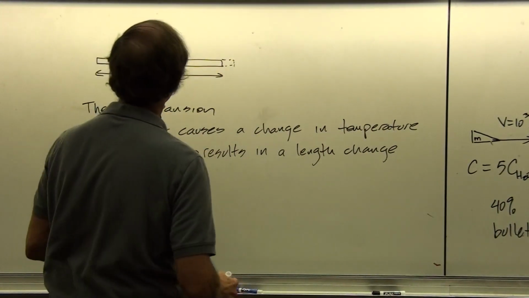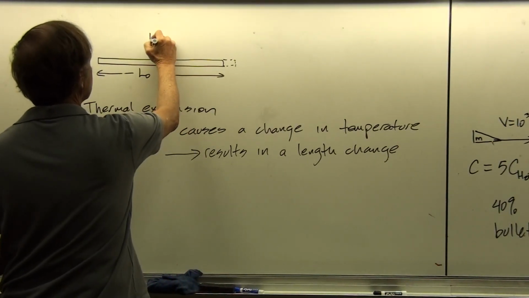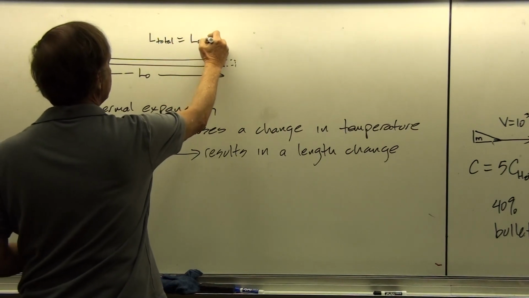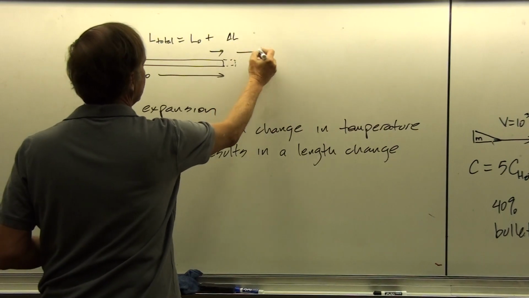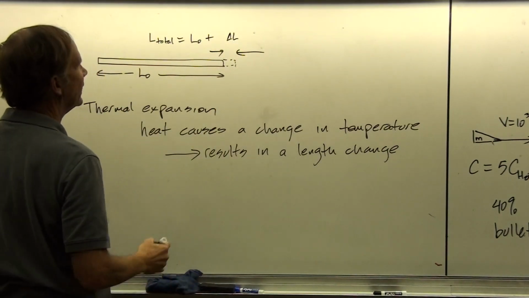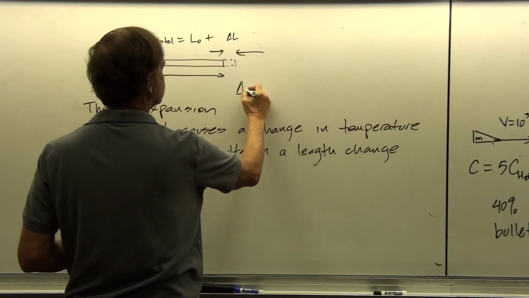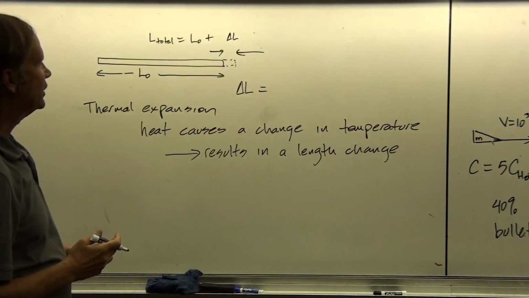In a one-dimensional problem like this, we can say that the total length, L total, is equal to L naught plus delta L, where delta L is the change in length caused by the object's change in temperature.